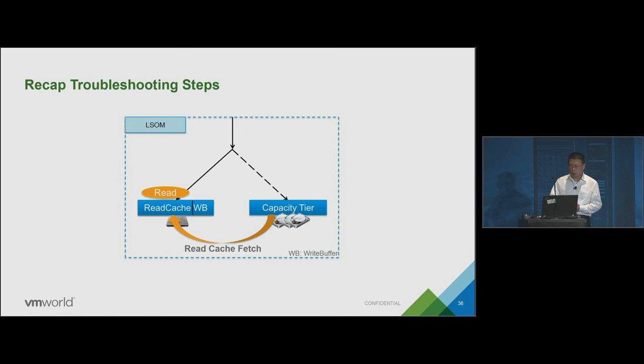Then we check the LSOM layer. Since this is a read workload, we check the read cache utilization. We find there is a read cache hit rate drop and read cache evictions. Then we go back to the virtual machines and find that there is a workload change from the second VM.